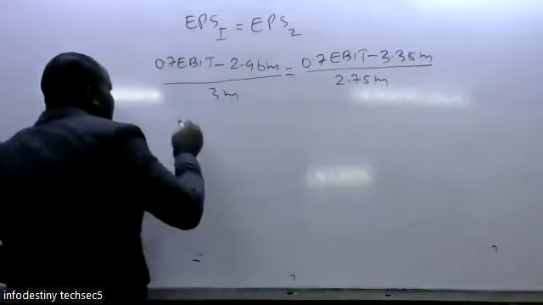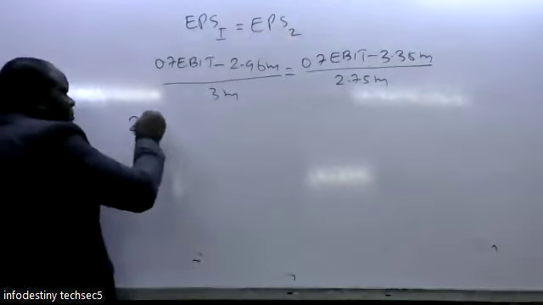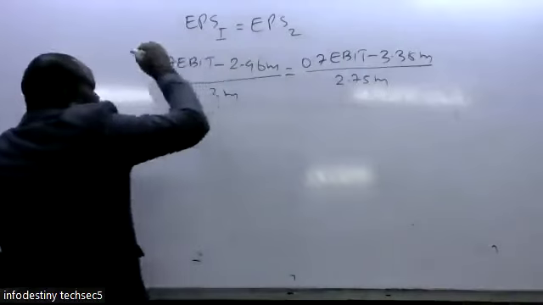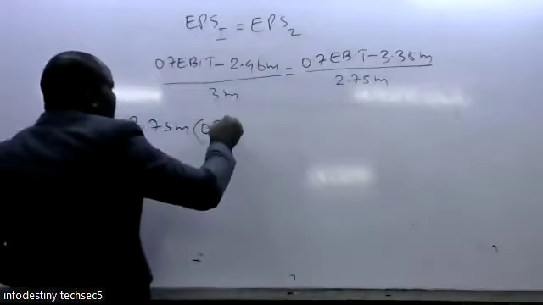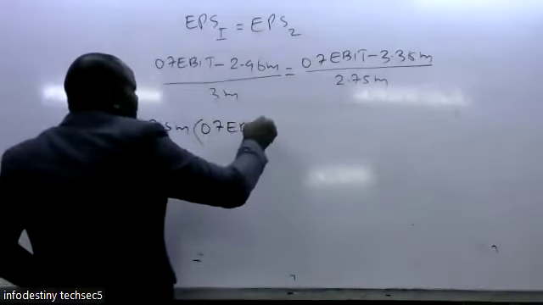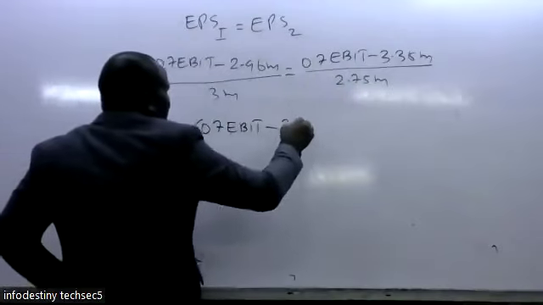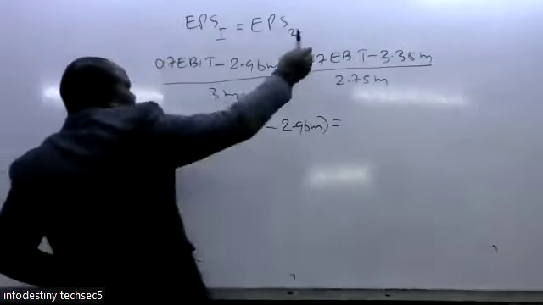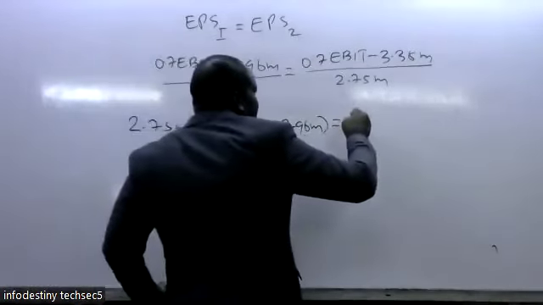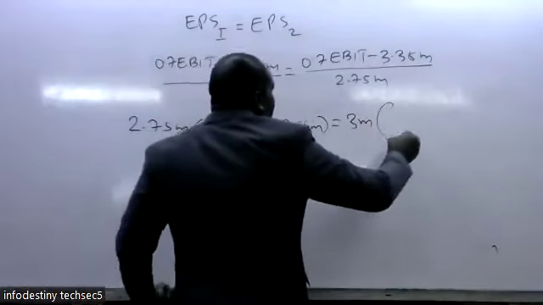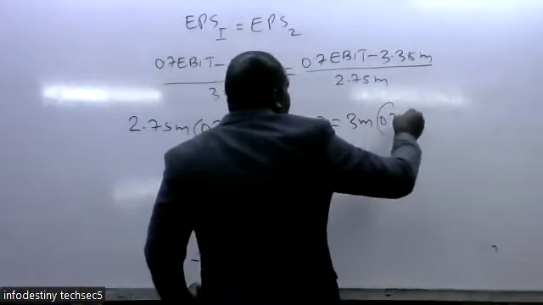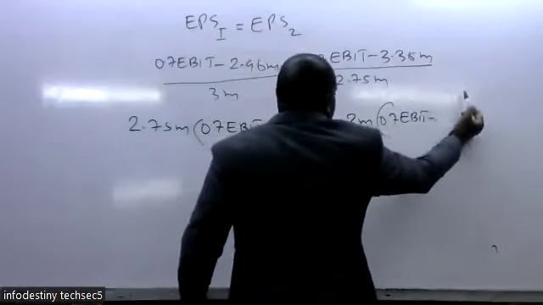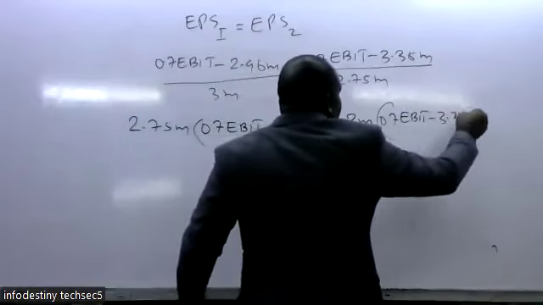It will be 2.75 millions in the brackets of 0.7 earnings before interest and tax minus 2.96 should be equal to 3 millions in the brackets of 0.7 earnings before interest and tax, we subtract 3.38.